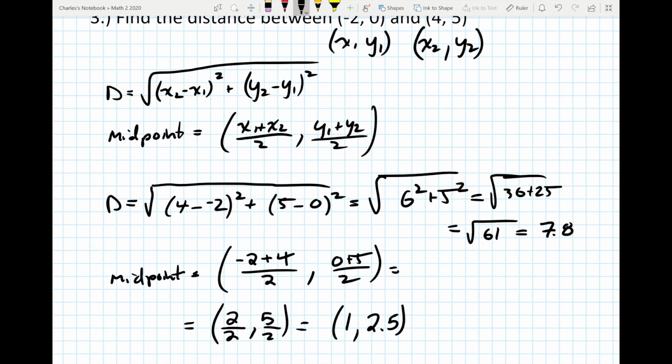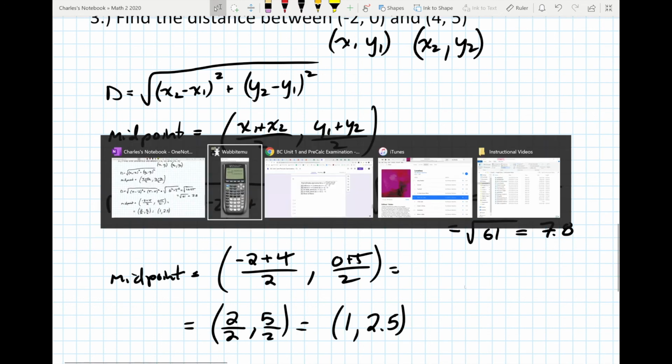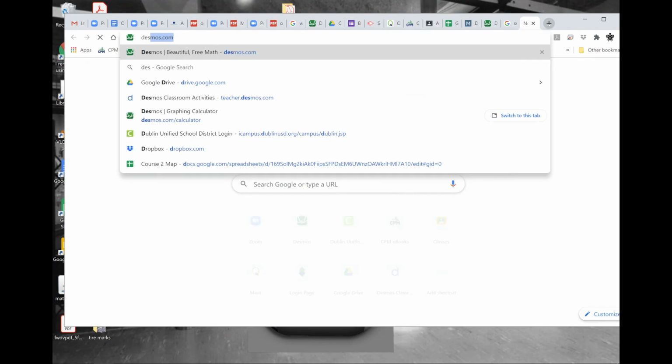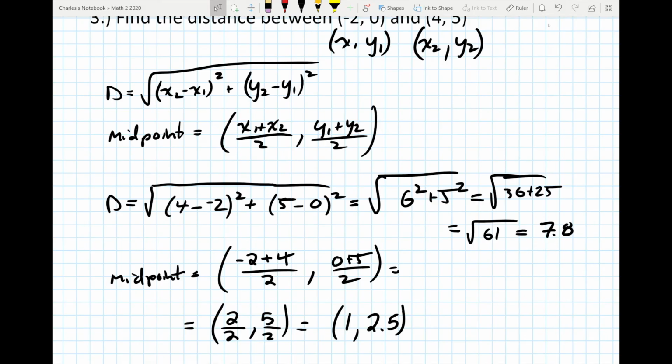And one thing I could do to check my work, there's a lot of things I could do to check my work, but we could just use Desmos to take a look and see if it looks right.